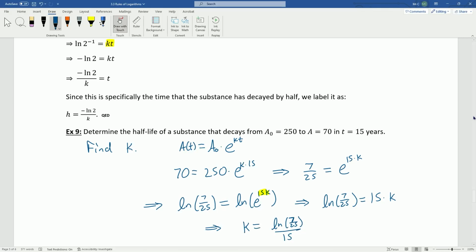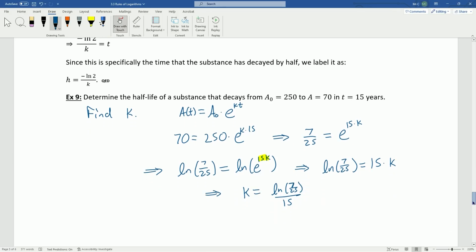Now, I don't just want K. Remember, what we were asked for was the half-life, but we needed K to solve that. So for our half-life, we just plug K into our formula for half-life: negative ln of 2 divided by K, which is ln of 7 over 25 over 15. Now this is division by a fraction, so I'm going to rewrite this as multiplication by the reciprocal.